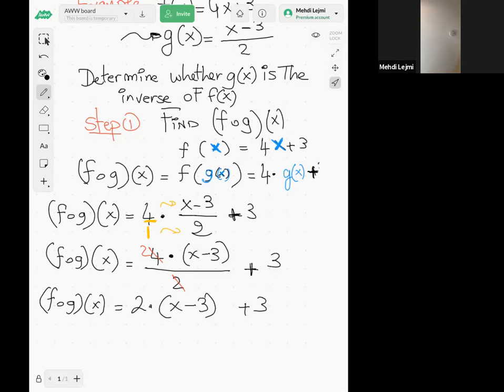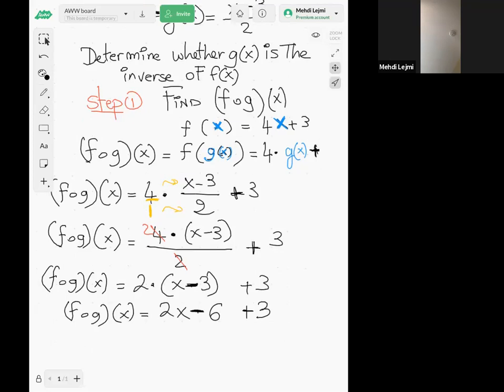So now I can distribute. So this is f composed with g. So 2 times x is 2x. Then there is minus. So here's my minus. And then there's 2 times 3, right? That will be 6. So it's minus 6. And then there's plus 3, right? So now you have minus 6.